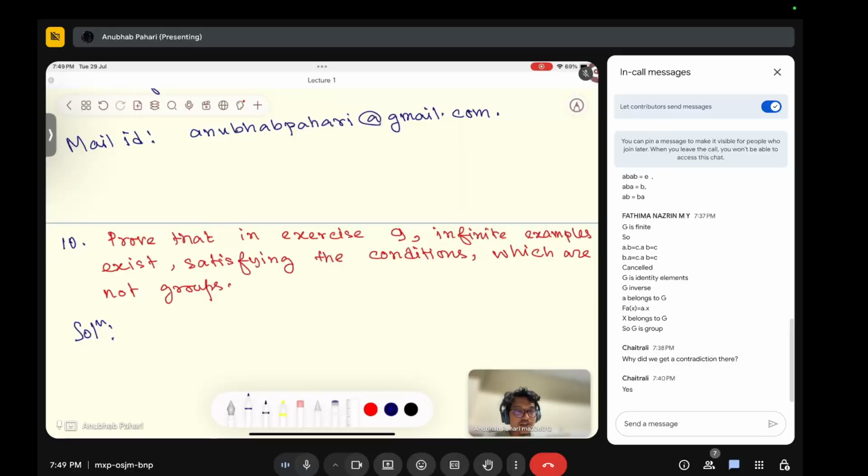So it is important to learn tools to solve problems in group theory, which will be taught by your instructor in coming classes. Anyway, try to think about this, and we'll conclude this session.